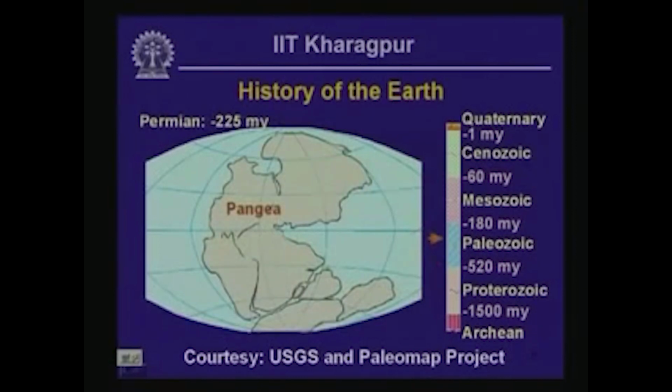Then we look at the map as it looked about 225 million years ago. You can see the formation of a supercontinent here, and this is called the supercontinent of Pangaea. And you can see the outline of the modern continents started evolving.